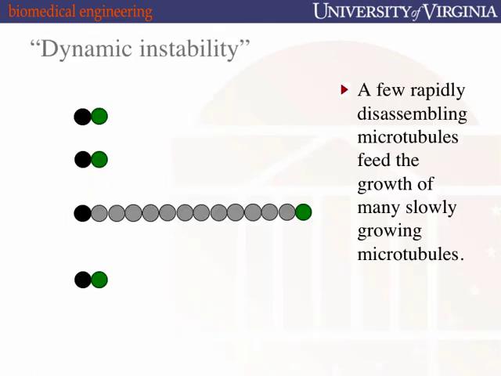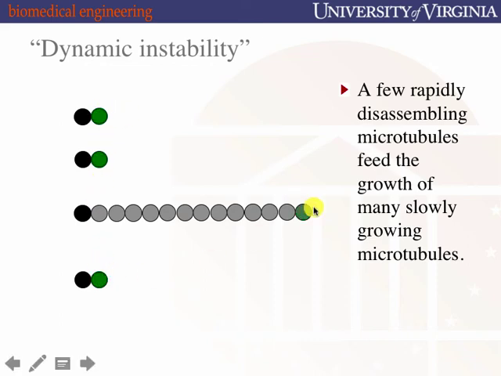All right. Okay, so this establishes in microtubules what we call dynamic instability. This refers to the process that a few rapidly disassembling microtubules feed the growth of many slow-growing microtubules. So here in this example, we have 4 microtubules. The green is denoting that GTP cap. So for these, the Kc is low.